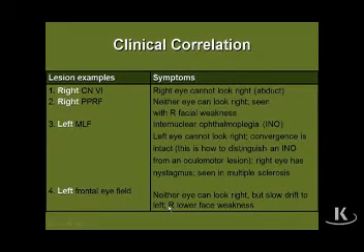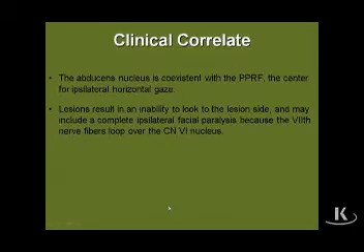And then the last point that's made on here, which we've seen with regard to lesions, is a reminder again to be sensitive about the difference between a lesion of the abducens nucleus versus a lesion of the abducens nerve.